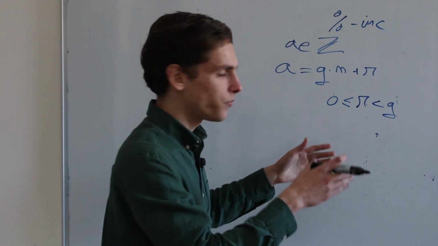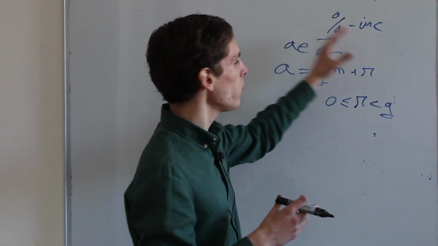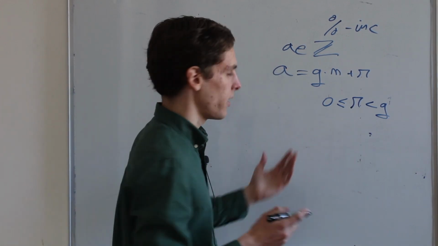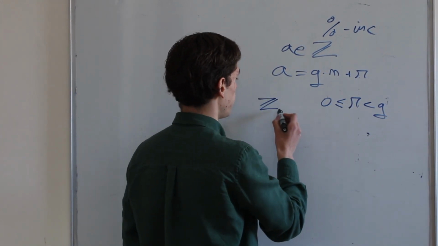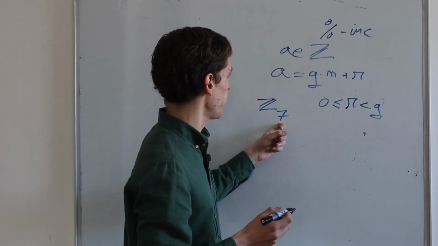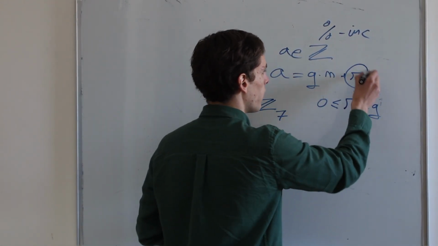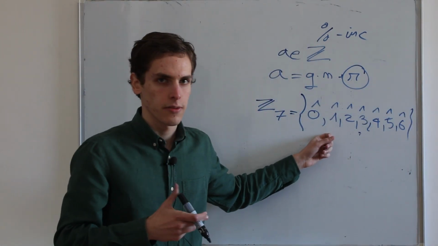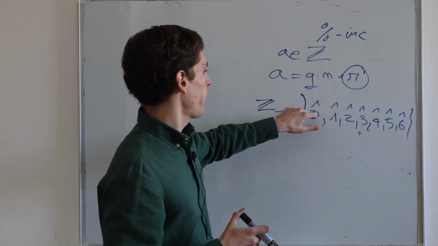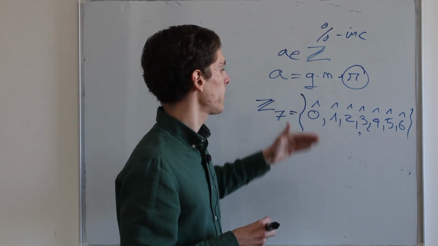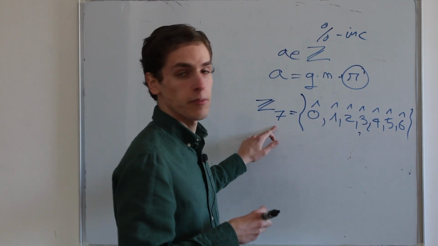What we now do is we factor all the integers based on something. So for example, in Z7, we factor everything in terms of 7 and class them based on the remainders. So Z7 is actually this. These numbers with hats on top represent every number that has that remainder when divided by 7.